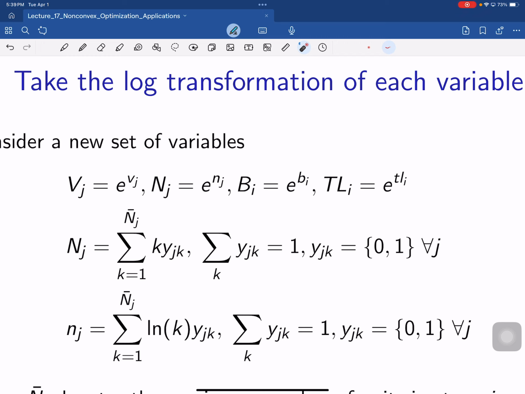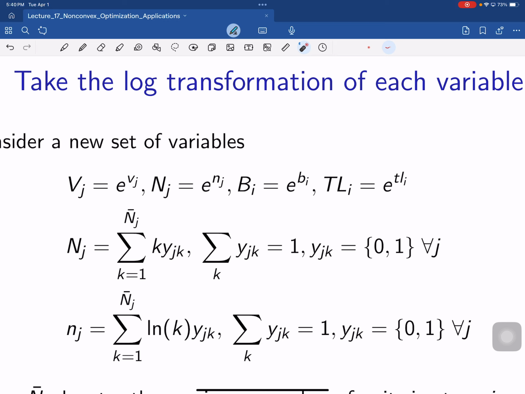Now, the other tricky thing here is nj is an integer variable, right? Because it's a number of vessels. You have to make sure they satisfy the integrality constraint. So here we just did a very simple trick that represents them using the sum over some k times a binary variable, where let's assume the upper bound of nj is nj overline. The number of units cannot exceed a given number.